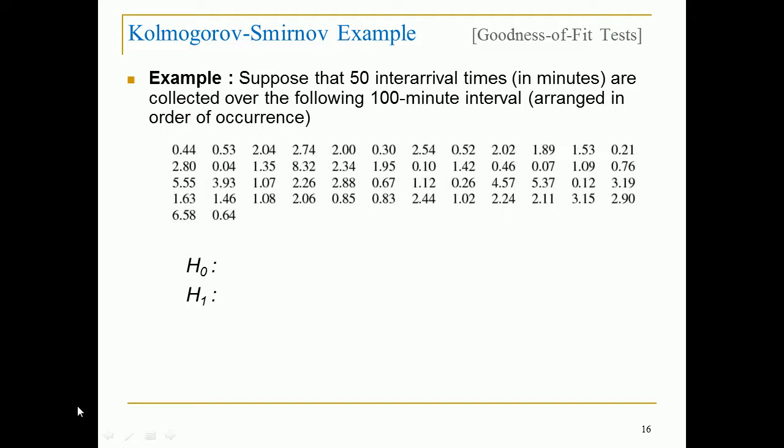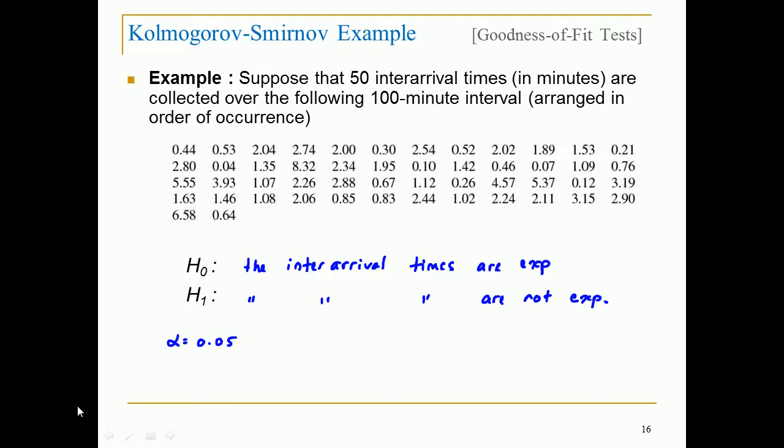So we want to test if these interarrival times are exponential, or if the interarrival times are not exponential. Okay? We're going to use a significance level of 0.05.